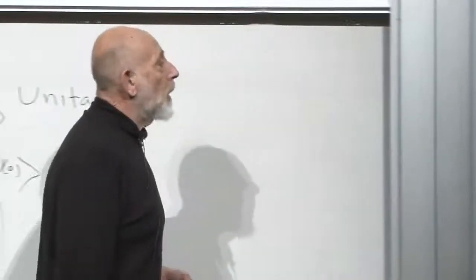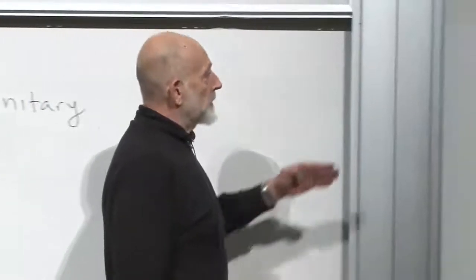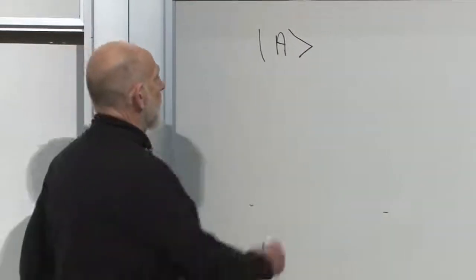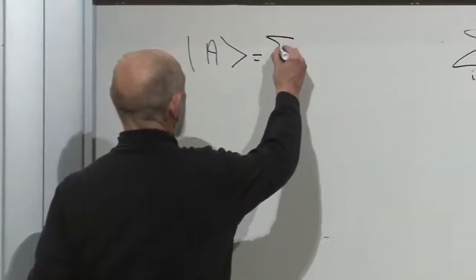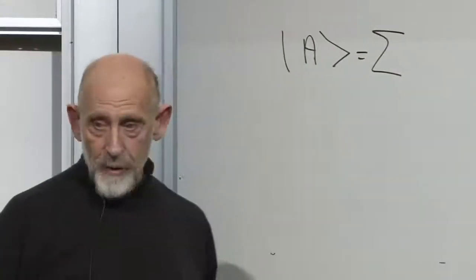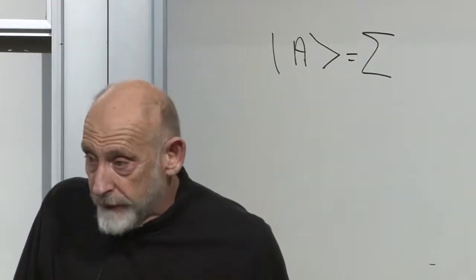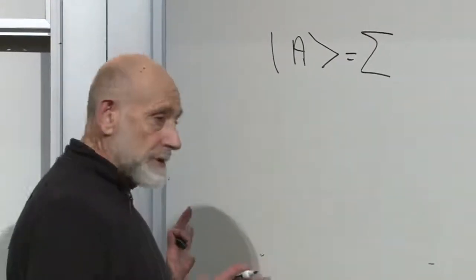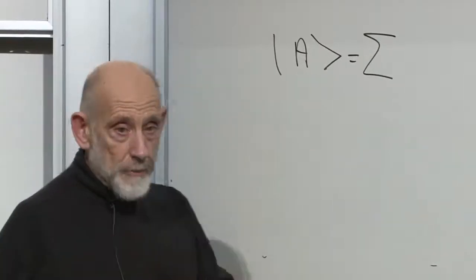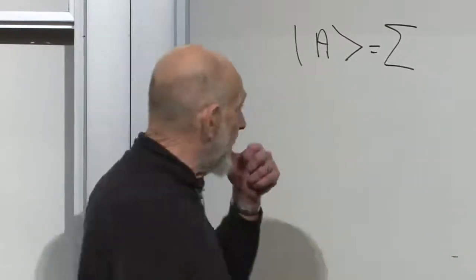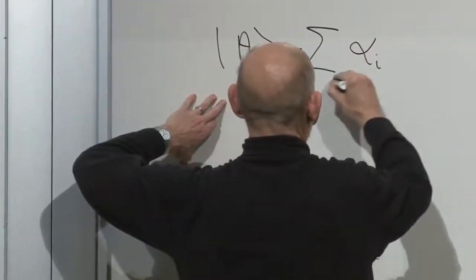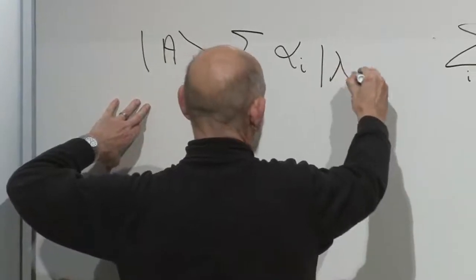Okay, what is the average in a state A of the observable lambda? So let's say that A is expanded in a basis. Which basis? The basis of eigenvectors of L. Remember, L is a Hermitian operator. Its eigenvectors form a basis. You can expand vectors in an orthonormal basis. So let's write this in the form sum over i of alpha sub i, lambda sub i.